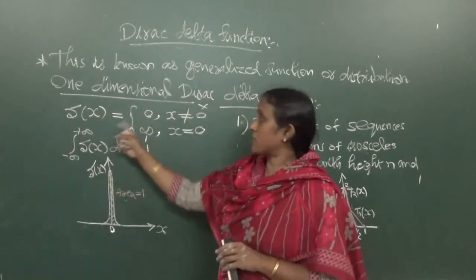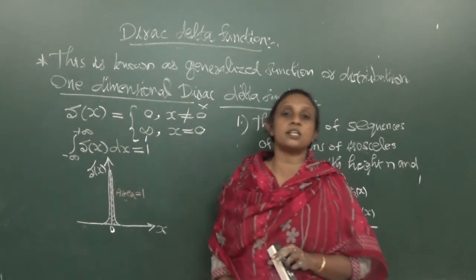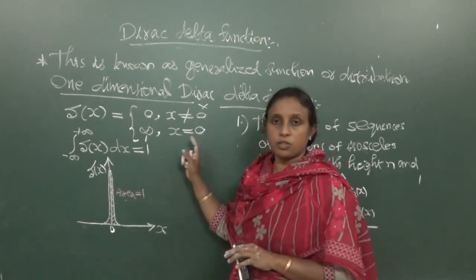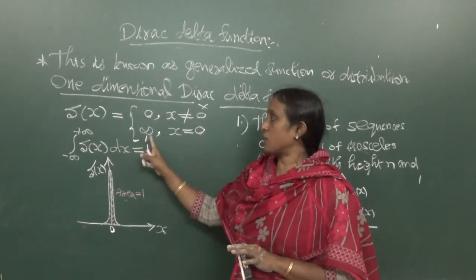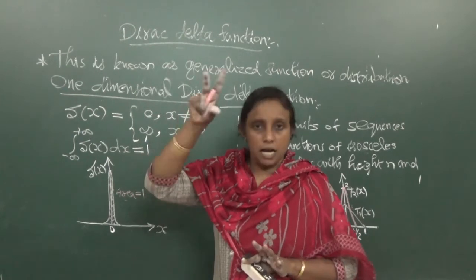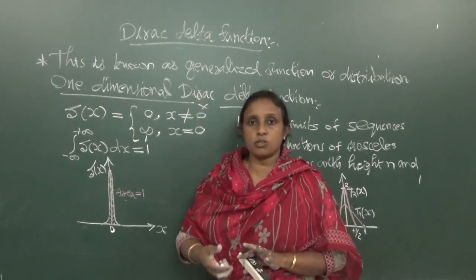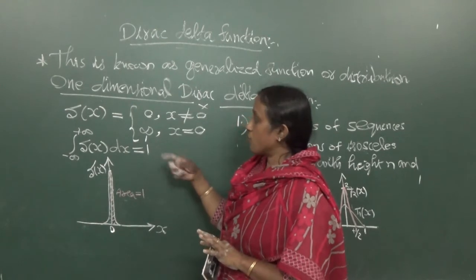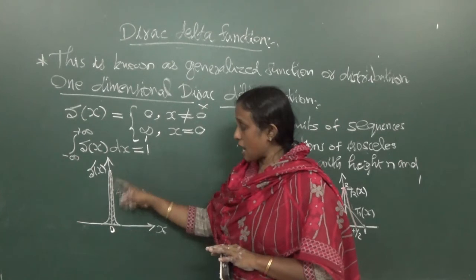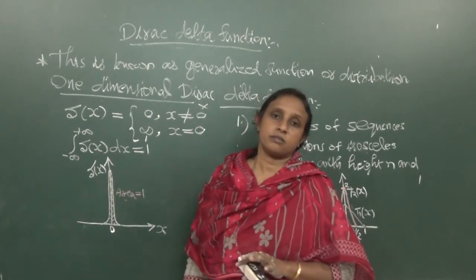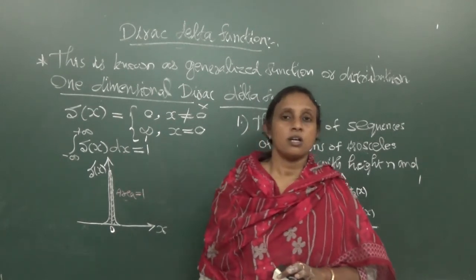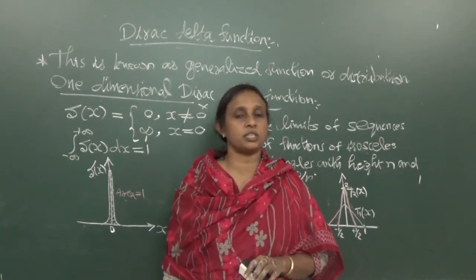In this case, delta of x has only x, so it is called the one-dimensional Dirac delta function. At the origin this function has infinite value; in practice, infinity means a very large value at the origin, and it goes to 0 fast as we move away from the origin. And the area under this curve is always 1.